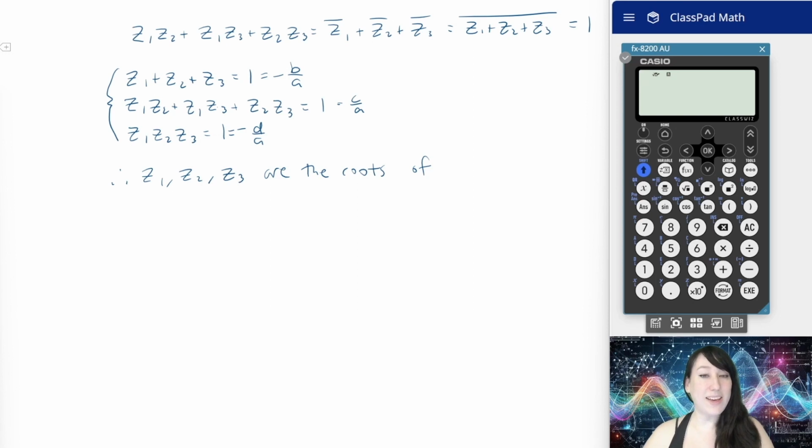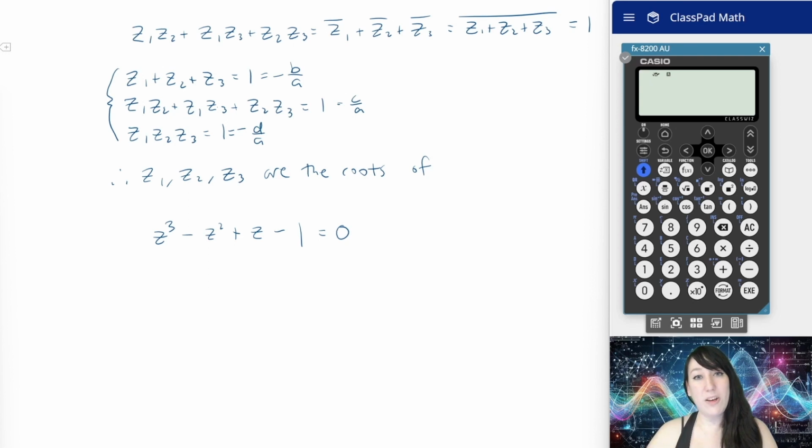Now, this is a complex valued polynomial, so we may use z for the variable, and we'd have z cubed, setting a to 1, minus z squared, since negative b over a is positive 1, that means this coefficient is negative 1, plus z, since c over a is positive 1, minus 1, since negative d over a is positive 1, the constant is negative 1, equal to 0.